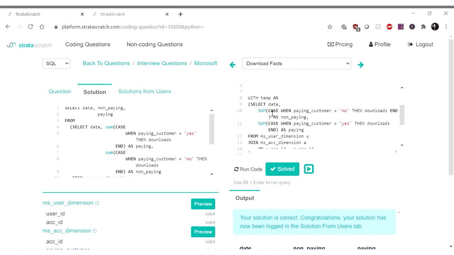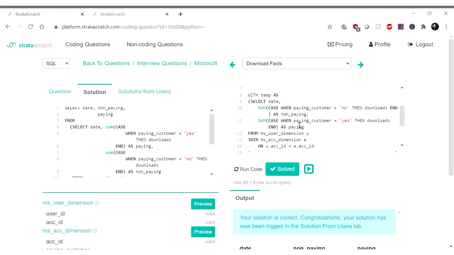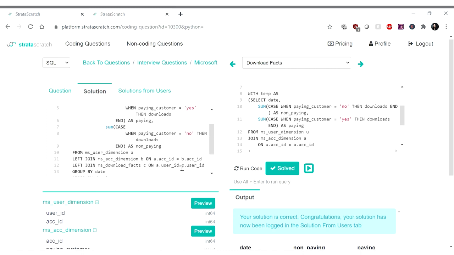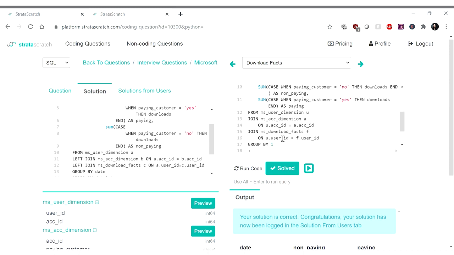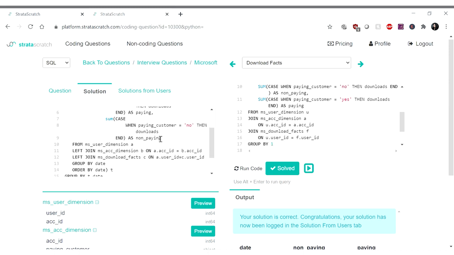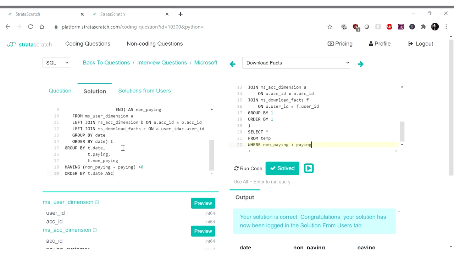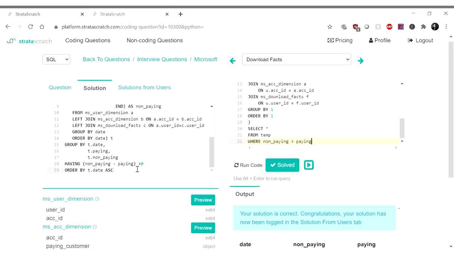Some case when, okay, so this looks about the same. Group by date, order by date. Okay, and then select here. Yeah, over here they did a group by statement and then a having statement. Yeah, I think that's the same here.